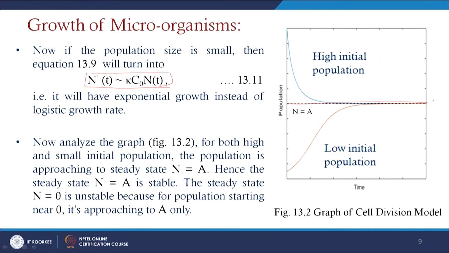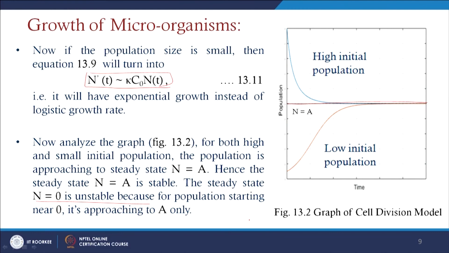So we consider the steady state n equals 0 unstable, because we need a certain population at the beginning to get growth. If we have a certain population level, then the population approaches A as time proceeds to a critical stage.